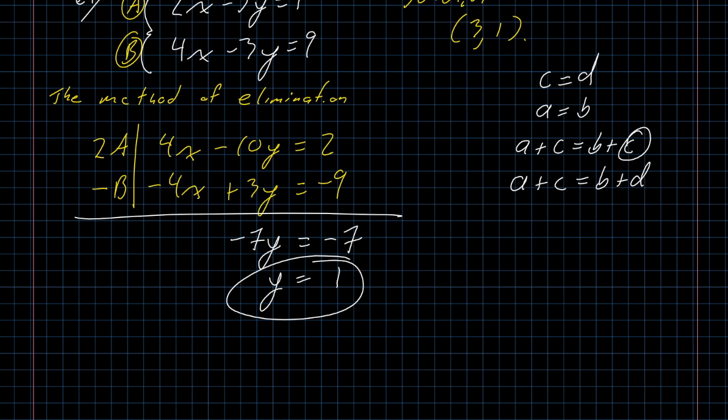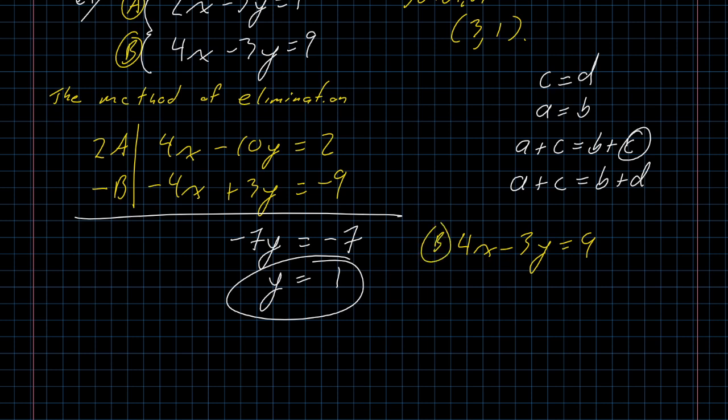If the system was a little bit more complicated, I might give this a name, but I'm just about done, so I'm just going to run with it from here. I now have my y coordinate. I still need my x coordinate. To get there, I need to go back to one of my original equations. I'm going to choose the second equation, 4x minus 3y equals 9.